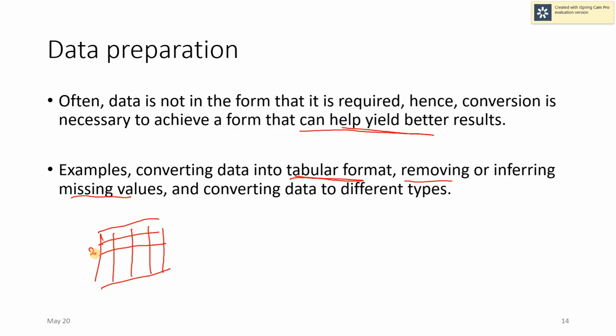For example, column number 2, row number 2, here there are 4 attributes. Here you have an X value, but this one is left empty. This is Y, for example, and this is another value, Z. But this one is what we call a missing value, meaning there is no value inside the column. It is empty, or we can say missing. Then in data preparation, we also need to convert the data into different types so it can fit the model well.